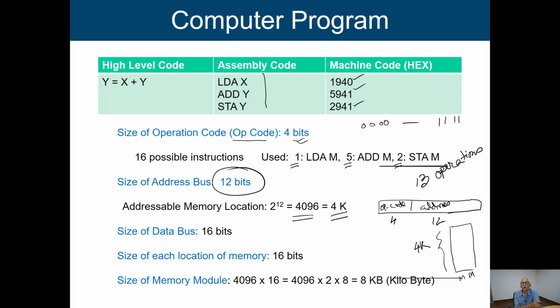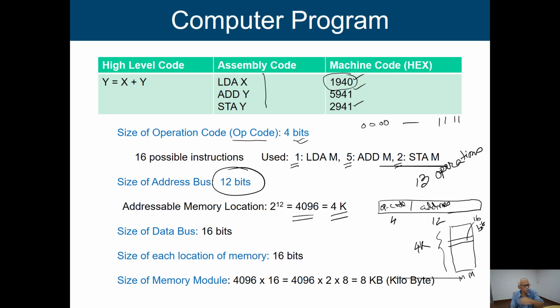And what is the size of each memory location? You just see that this is the information that we are going to keep in our memory: 1940. To put this 4 hexadecimal digit value, we need 16 bits of information. That means in every memory location we are keeping 16 bits.